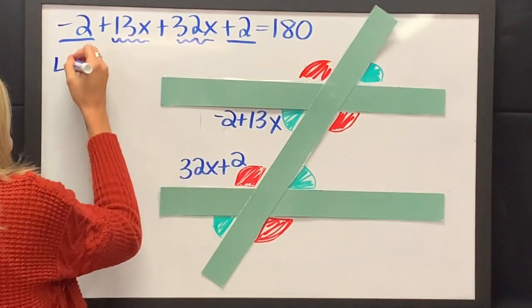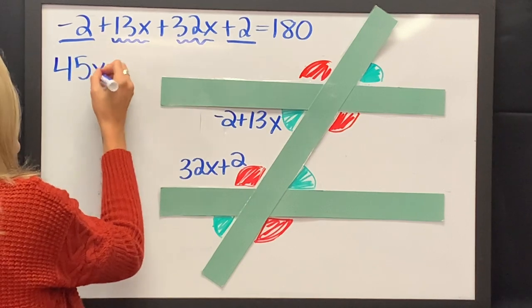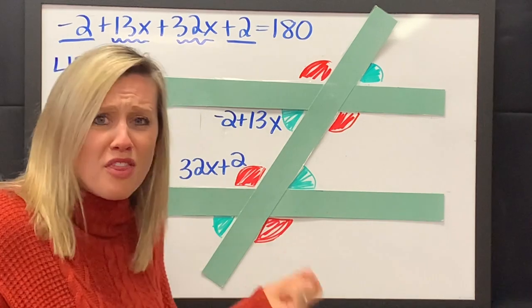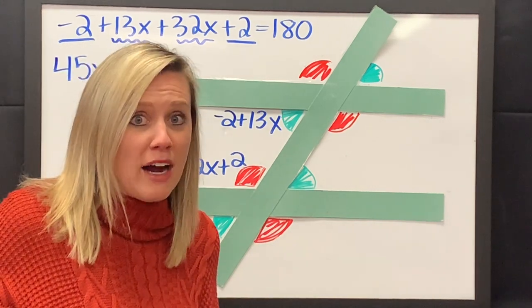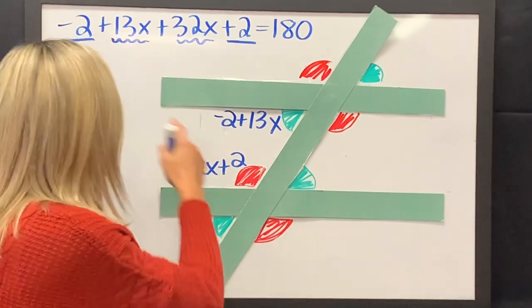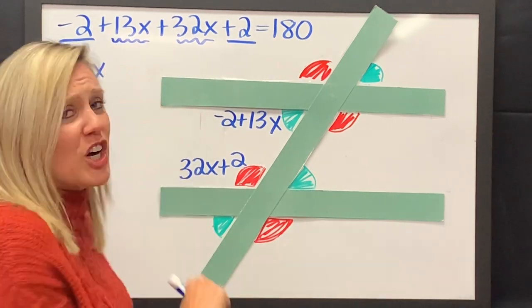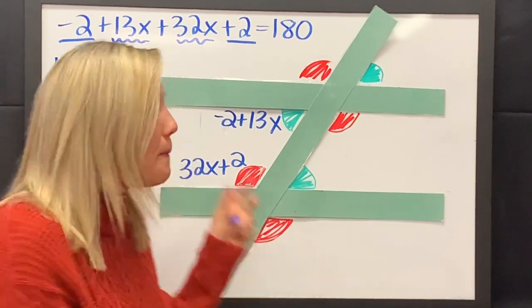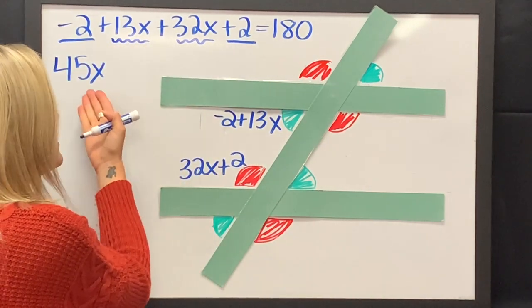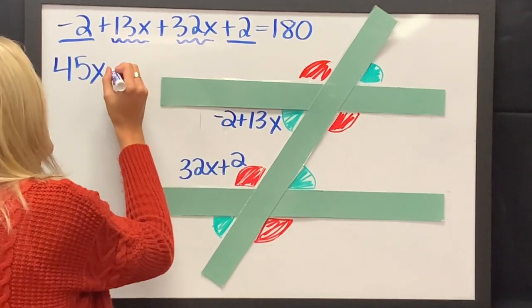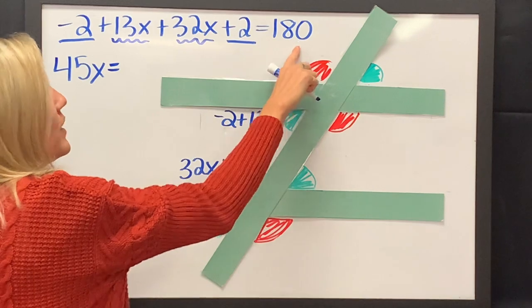So I'm going to write 45x, and then a -2 plus a +2, those would actually cancel each other out. -2 and a +2 is equal to 0. And I don't really want to write +0 because that doesn't mean anything. Okay, so my final part on the left side of my equal sign is 45x, okay? And then that is equal to 180.